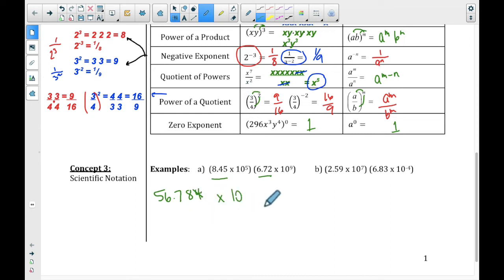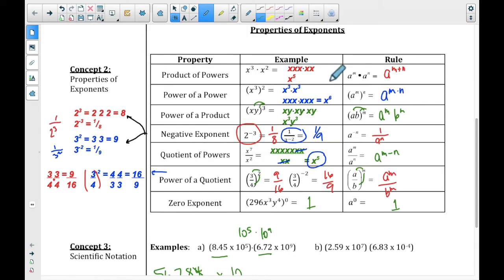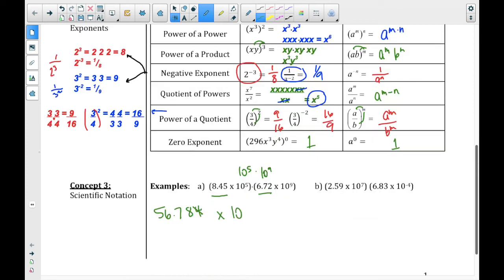times 10 to what power? Well, in between here, there's a times. We multiplied this times this, and we got that. When we multiply 10 to the 5th times 10 to the 9th, we just said when you do that, you're supposed to add the exponents. So we're going to add those exponents, and that's going to give us a 14.